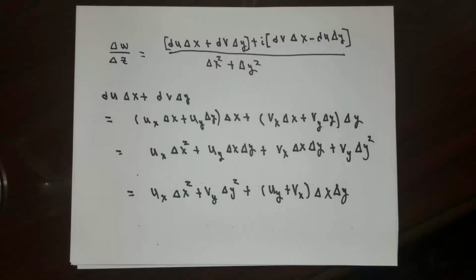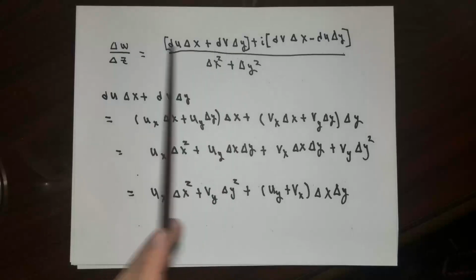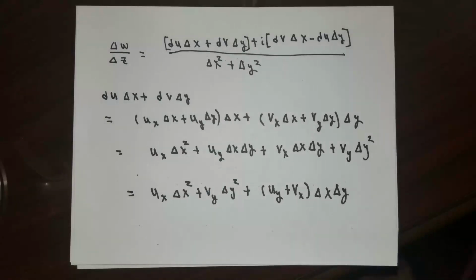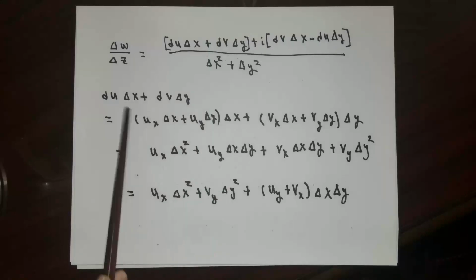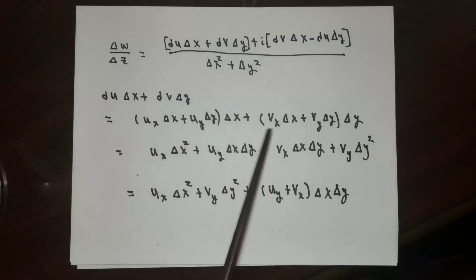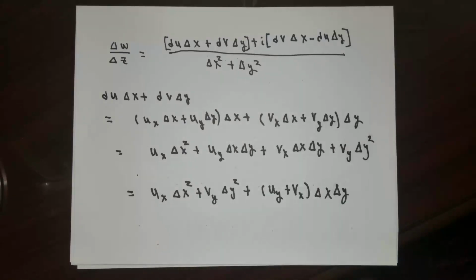To keep the writing under control, I'm going to look at this quantity separately. This is the real part of the numerator in delta W divided by delta Z. If we write out what du is and multiply it by delta x, plus write out what dv is and multiply it by delta y, after doing the algebra, we get this quantity.